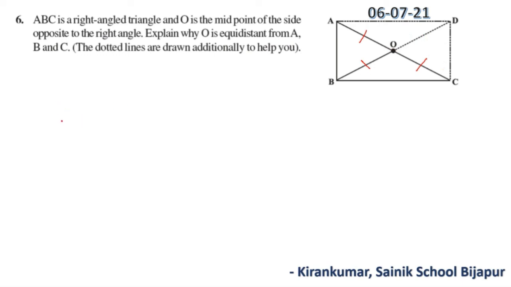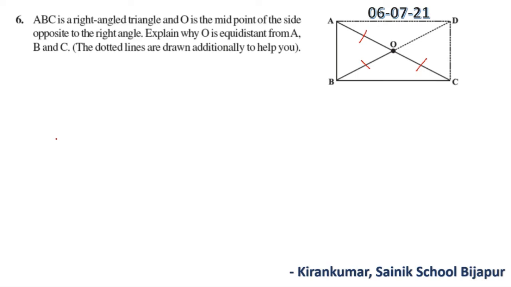Look at the figure here. AD and DC are drawn so that AD is parallel to BC, AB is parallel to DC. So opposite sides here, AD will be equal to BC and AB is equal to DC. Since in a rectangle opposite sides are equal and parallel to each other, all interior angles will measure 90 degrees.